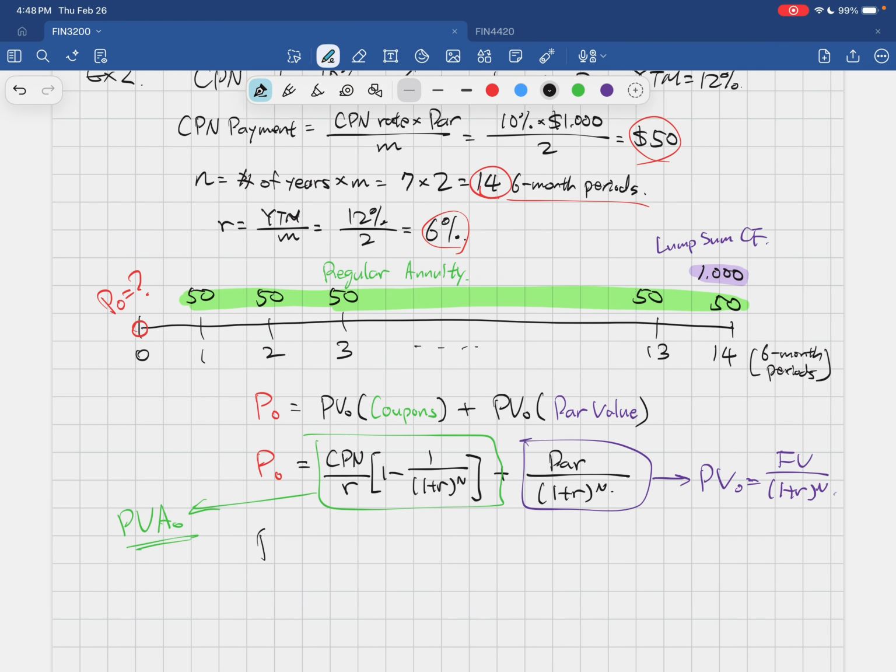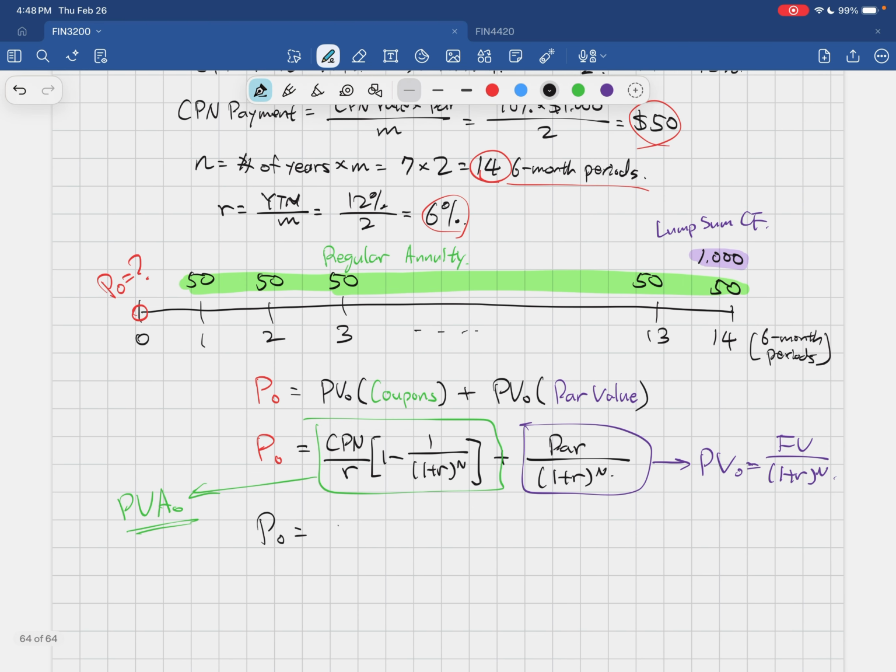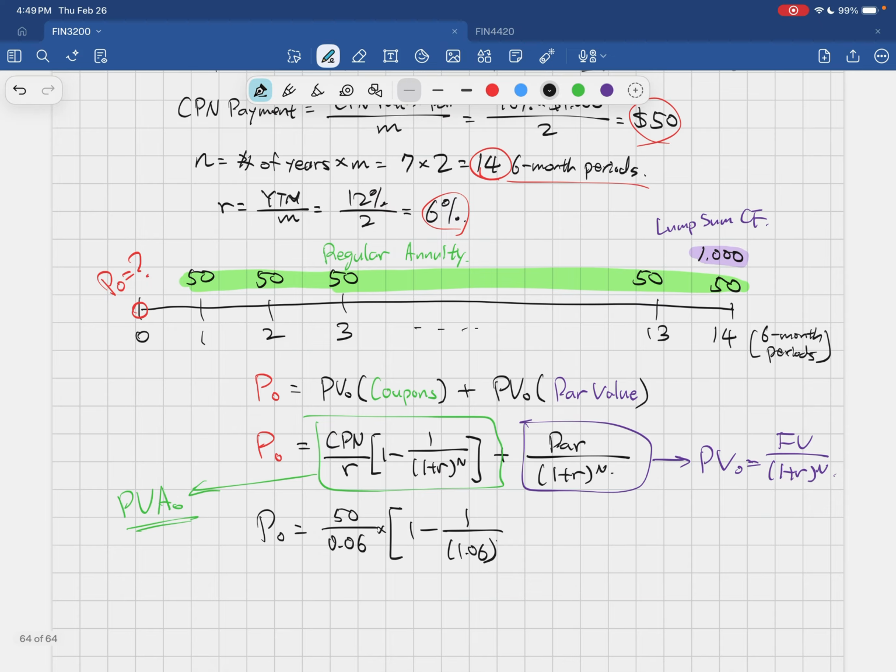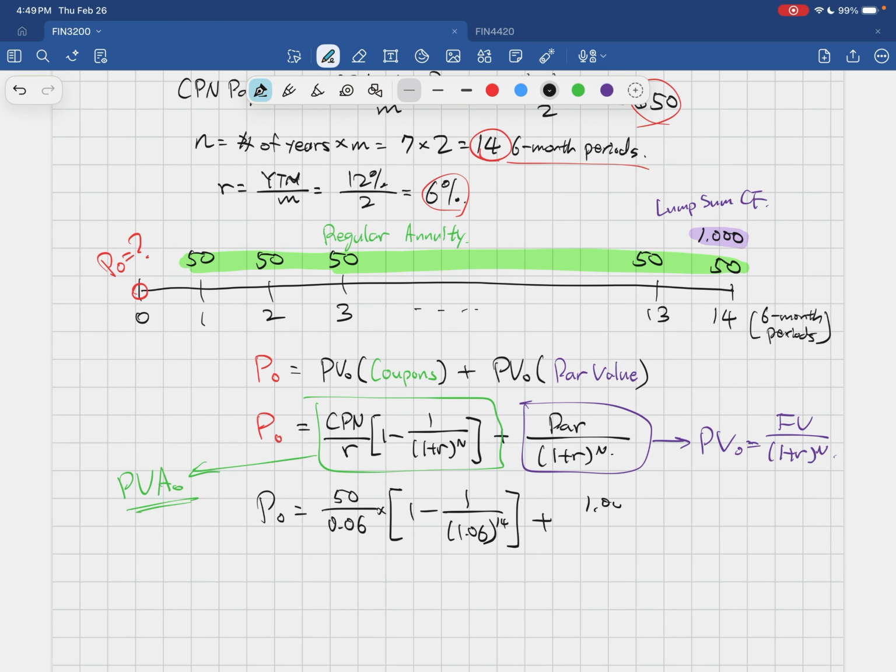P0 is then 50 over 0.06 times 1 minus 1.06 to the 14th power. It's not 7. Plus the $1,000 over 1.06, again to the 14th power.